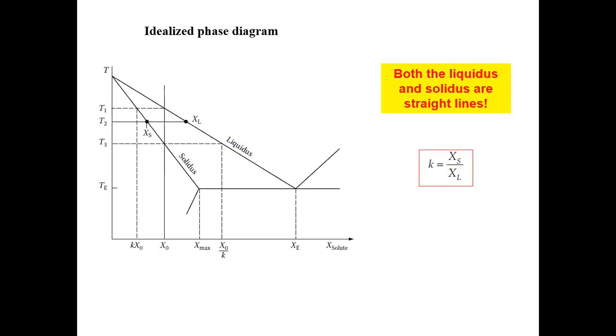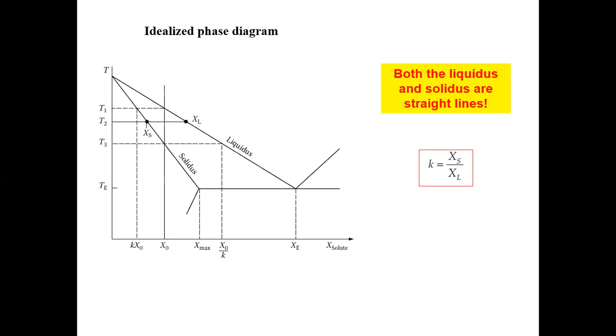For any temperature from T1 all the way to T3, if you get a reading for the solid composition, which I denote as XS, and a reading for the liquid composition, XL, the ratio between the two is always a constant, which we denote as K.